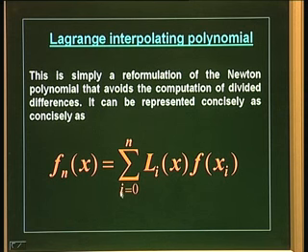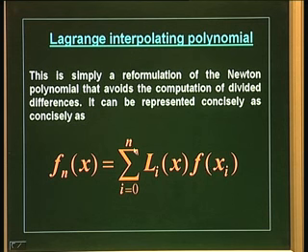Remember, Li of x and f of xi. If you have a polynomial which goes through, let us say, 3 or 4 points, which is the example you are going to see, then there will be 5 terms in this, right?